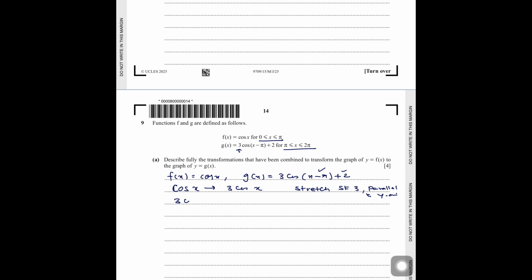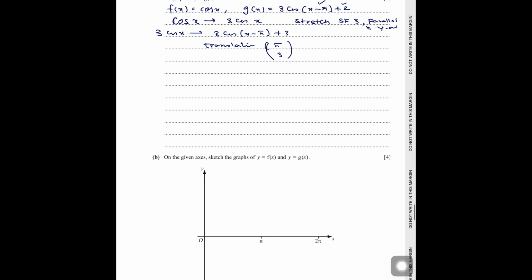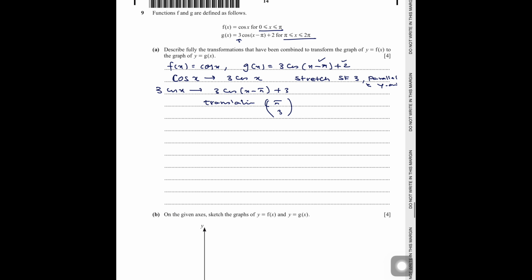So 3 cos of (x minus pi) plus 3, right? So I have 3 cos x to become 3 cos of (x minus pi) plus 3. So this is a translation by pi and 3. Oh, pi and 2. It's not 3, it's 2. That was 2, my bad. So that's 2.